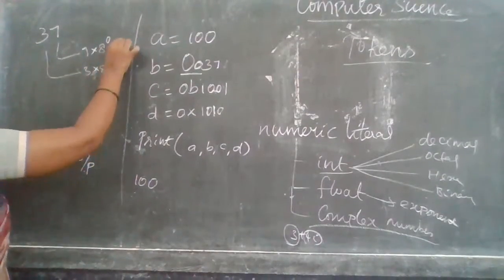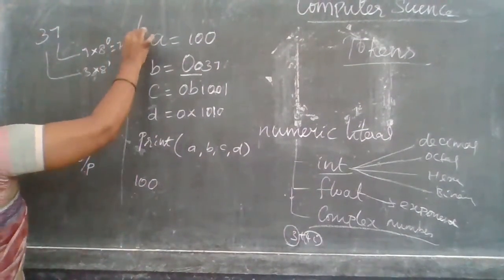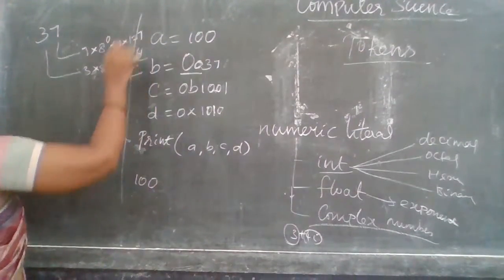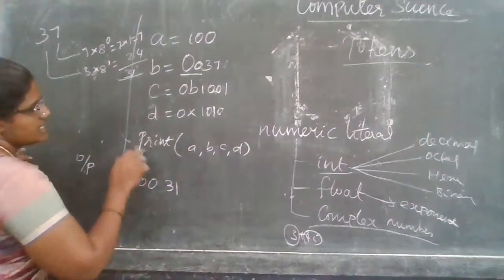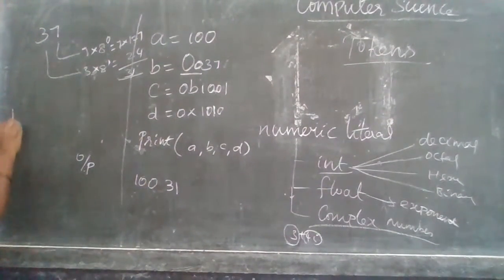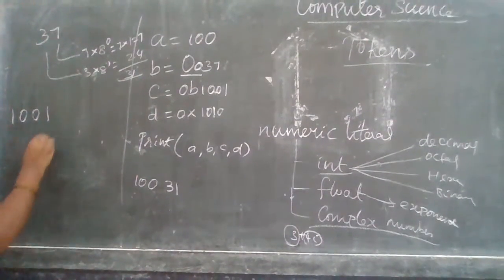Anything power 0 is 1, so 7 into 1 is 7, and 3 eights are 24. 24 plus 7 is 31. So the output displayed is 31 for the value of b. Next one, c. c is a binary value 1001. Now it converts into a decimal number.